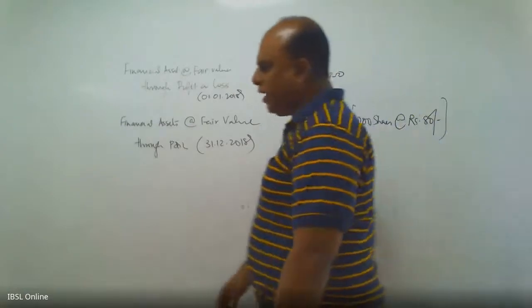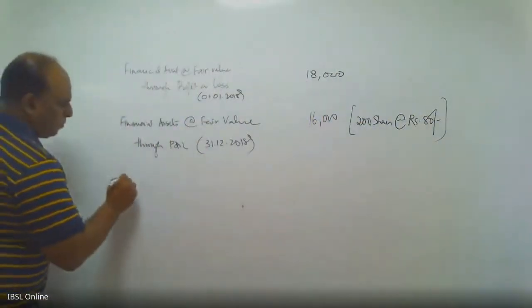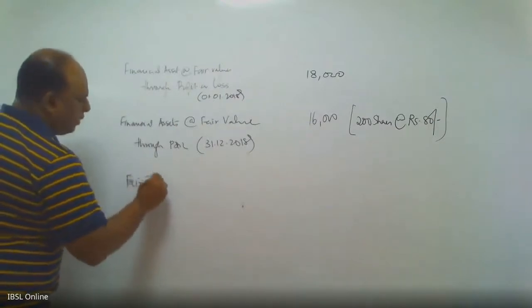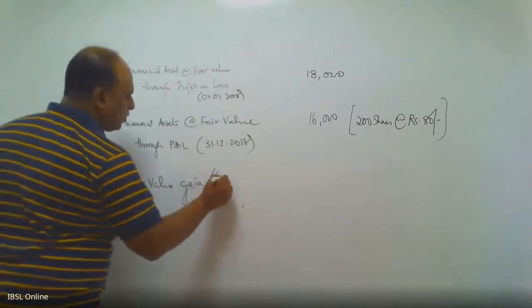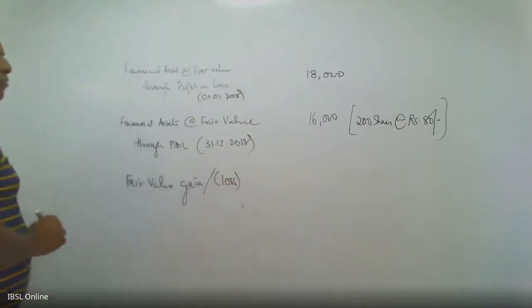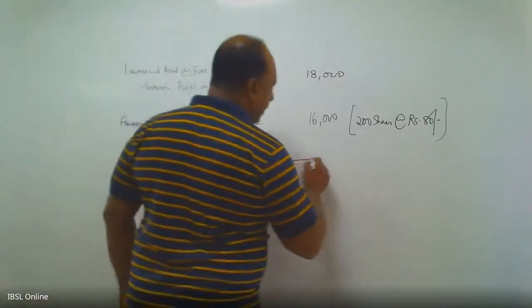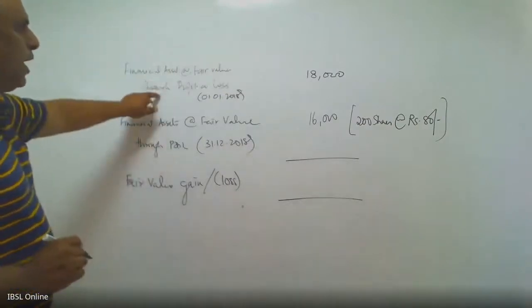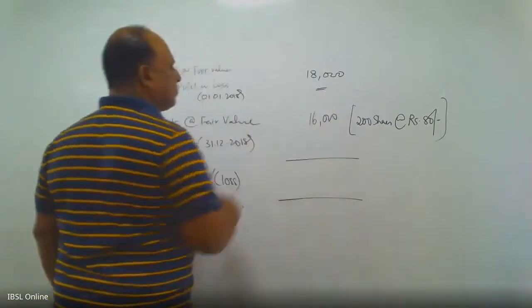So now what do we have here? Fair value gain or loss. Originally, when we measure the value of the investment as at 1/1/2018, it was 18,000.